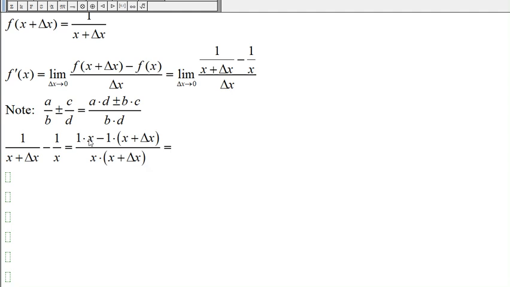And then this is 1x. We'll go ahead and simplify that. So this is x. And then we have a minus 1 here. So this is minus 1 times x, which is minus x. And then minus 1 times delta x is just minus delta x.